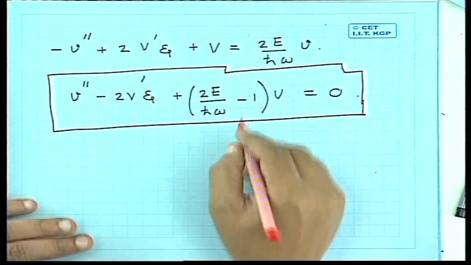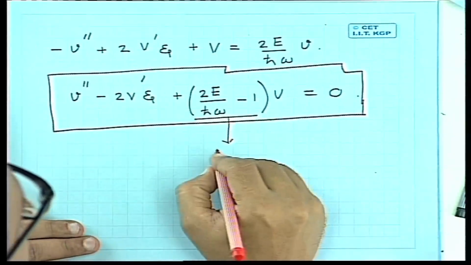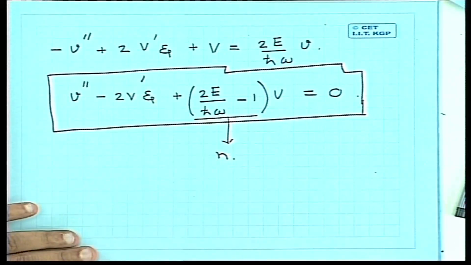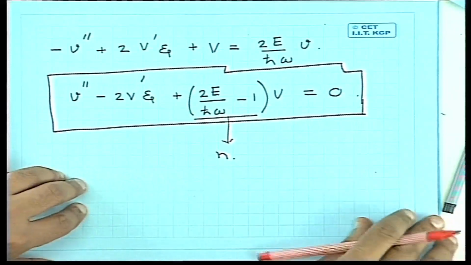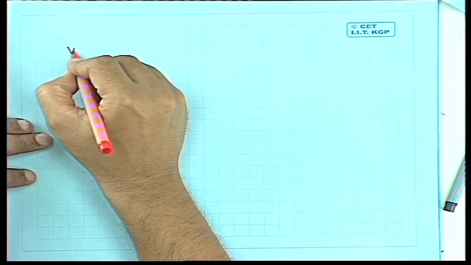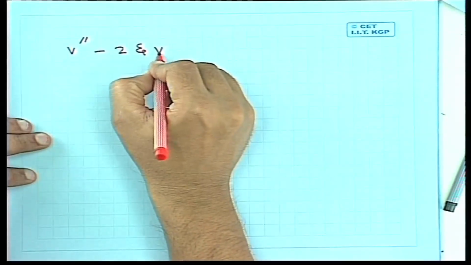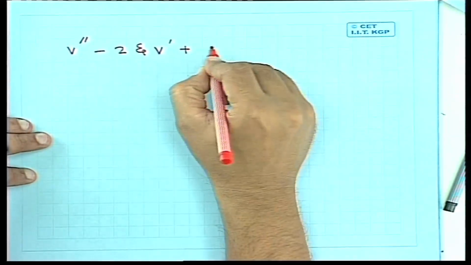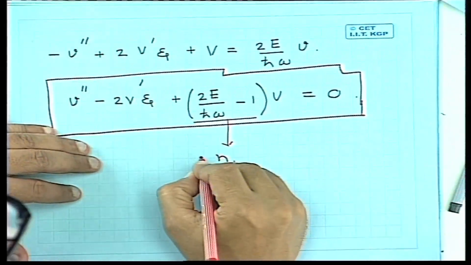Now here it is convenient to define this whole thing over here, which is some number, to be n. So, let me write down the final equation which we would like to study on the next page. The equation which we want to study is v double prime minus 2 xi v prime plus, we call this 2n.